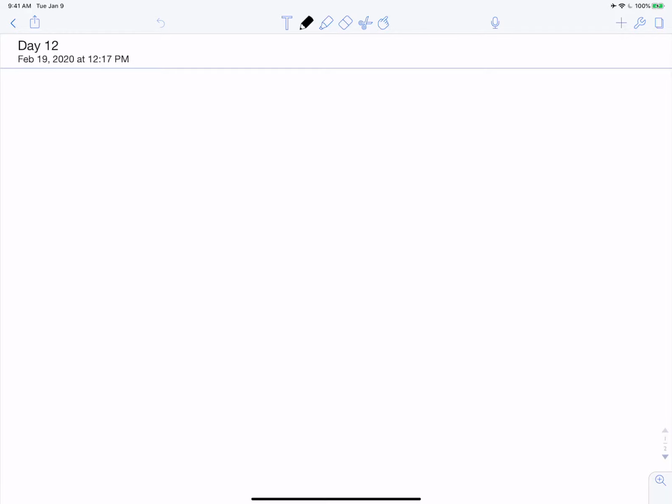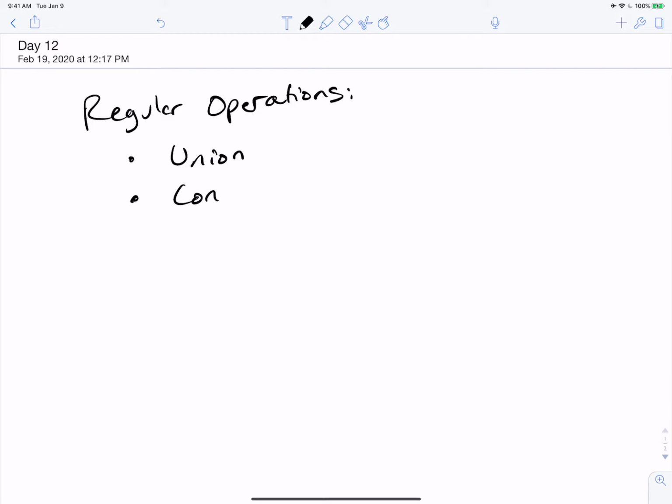I have a quick question on closure operations, regular languages, right? Closure operations just mean regular operations, right? It's just concatenation, union, and Kleene star, right? Yes. Those are the three regular operations, which are union, concatenation, and star.